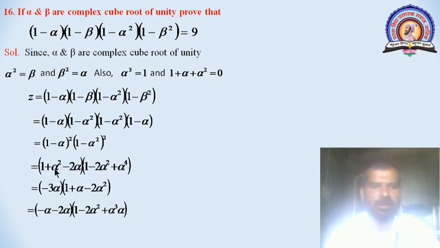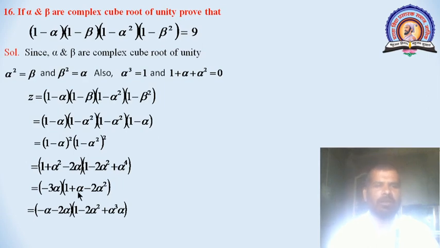Put here 1 plus alpha square as minus alpha, and we split alpha raised to 4 as alpha cube into alpha. This alpha cube is 1, so putting that value as 1, we get minus alpha minus 2 alpha, which is minus 3 alpha. So alpha cube is 1, taking together 1 and alpha, we get 1 plus alpha minus 2 alpha square.